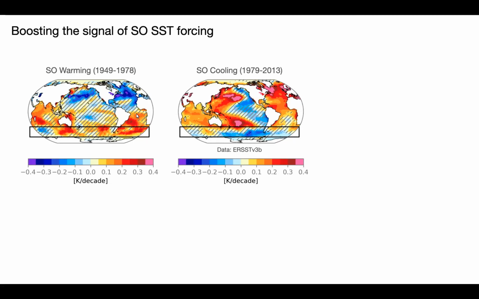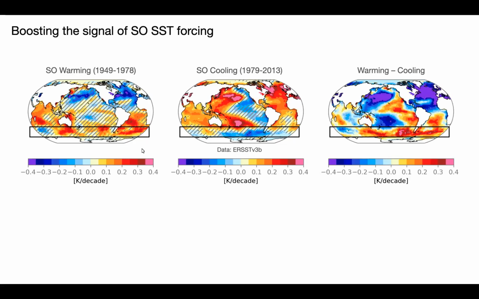So that is something that we're expecting to see from our experiments, but also to boost the signal of Southern Ocean SST forcing, we calculate the difference in SST trends between the 2 periods. So that's shown on the right. So if we do the warming minus the cooling phases, we get the map where we have a very strong warming over the Southern Ocean, accompanied by warming in the tropical South Atlantic and tropical Eastern Pacific.